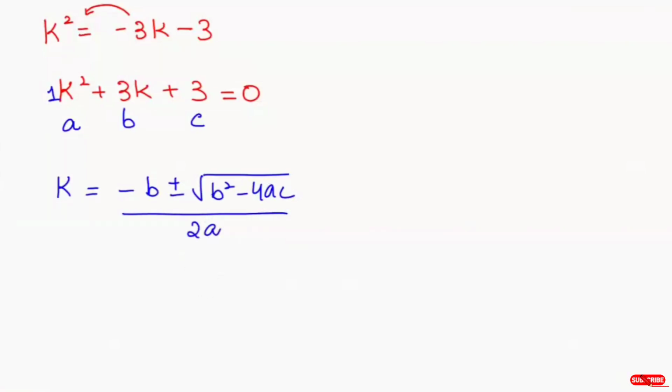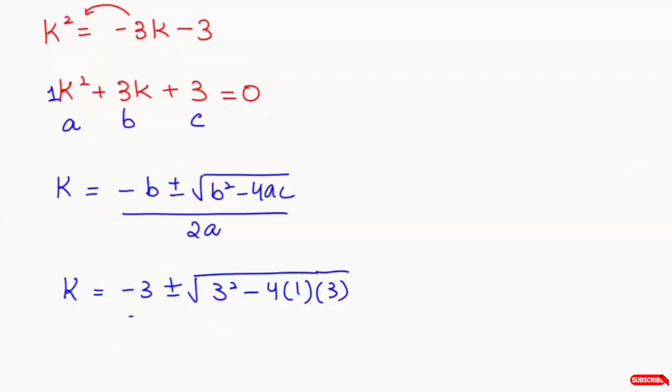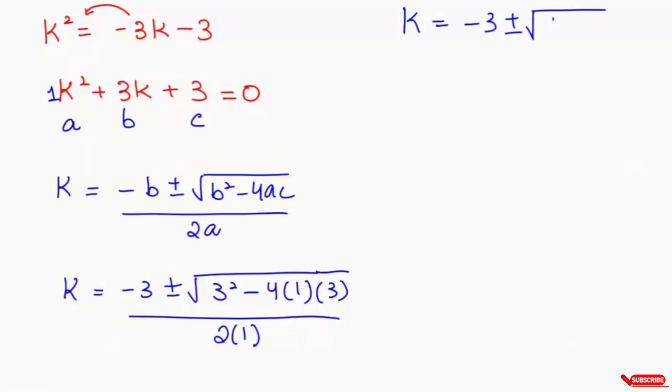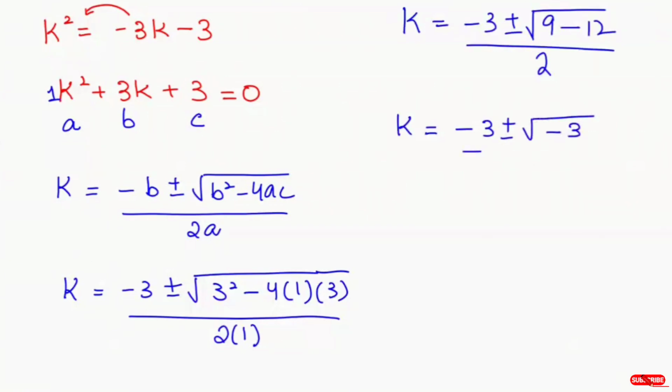Now I'm going to plug in the a, b, c values. k is equal to minus 3 plus minus root of 3 square minus 4 times 1 times 3, over 2 times 1. This will turn to k is equal to minus 3 plus minus root of 9 minus 12 over 2, which is minus 3 plus minus root of negative 3 over 2.